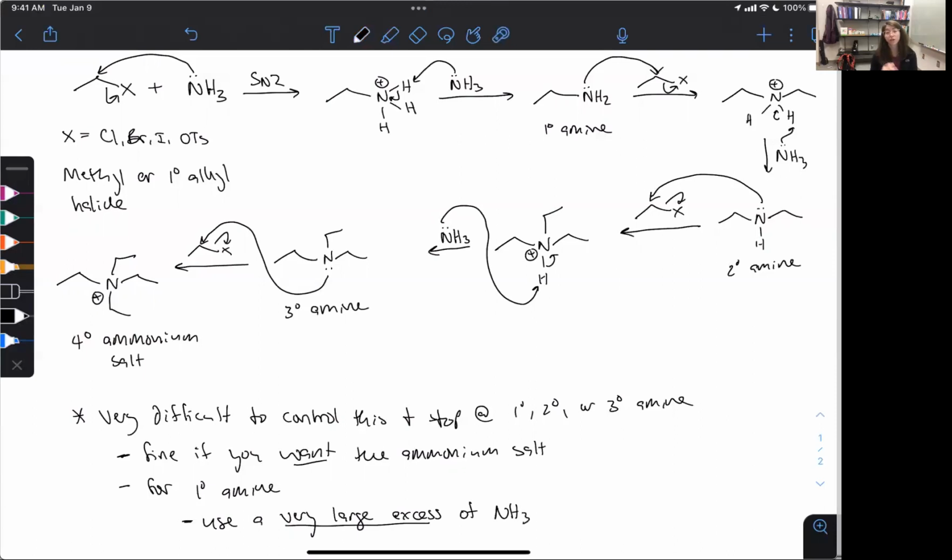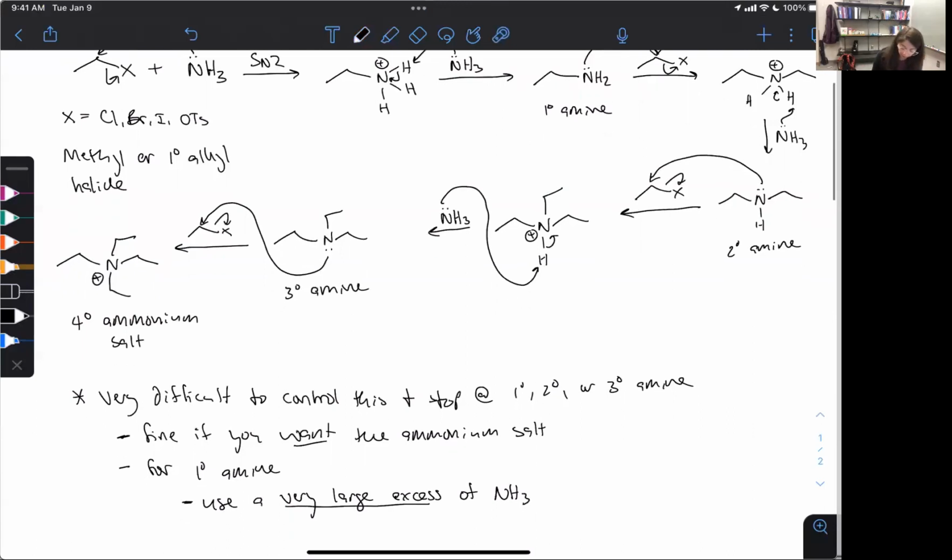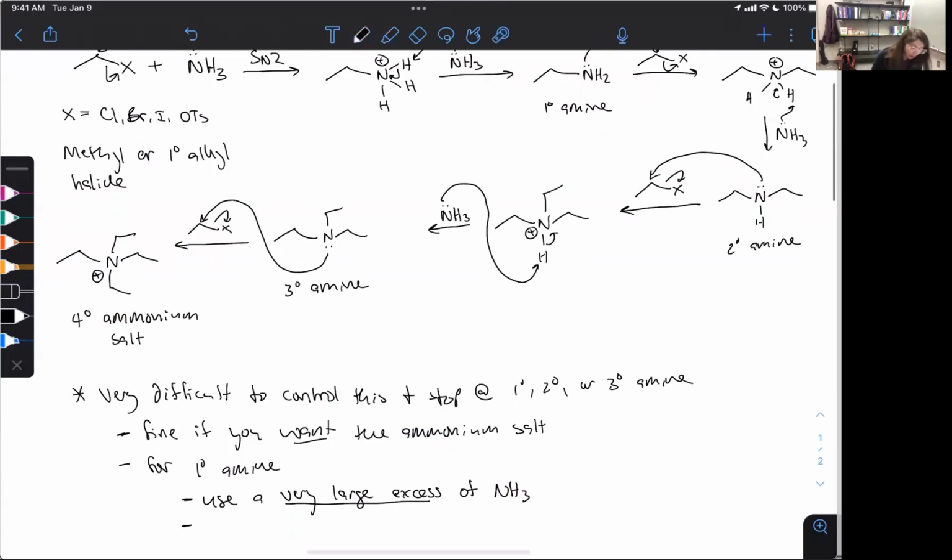If you're just flooding this whole system with ammonia, and you have a huge excess of that over your alkyl halide, then you have less chance of over alkylation and you can more easily stop it at the first addition. The other very commonly used method to make a primary amine is using the Gabriel amine synthesis.